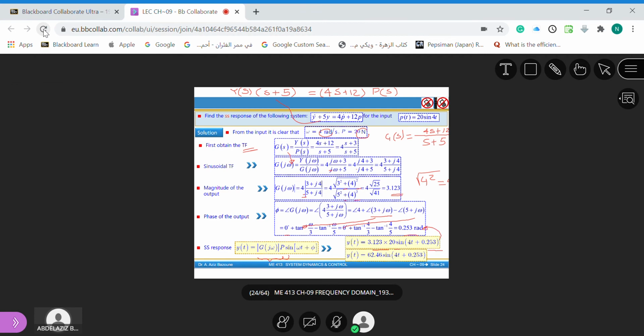Multiplying 3.123 times 20, the steady state output for this system will be 62.46 sine 4t plus 0.253.